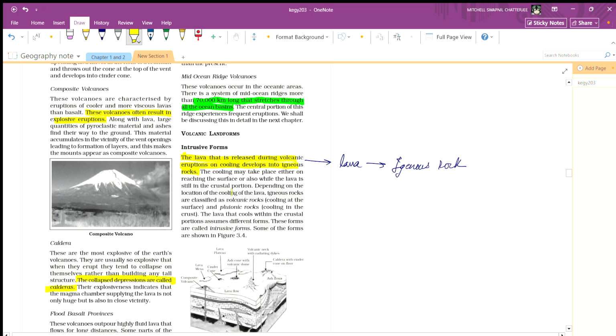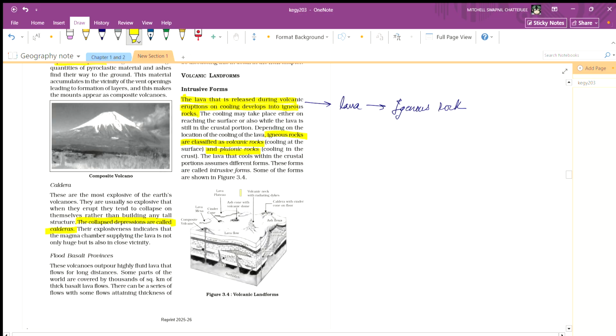Igneous rocks are classified as volcanic rock, cooling at the surface, and plutonic rock, cooling inside the crust.